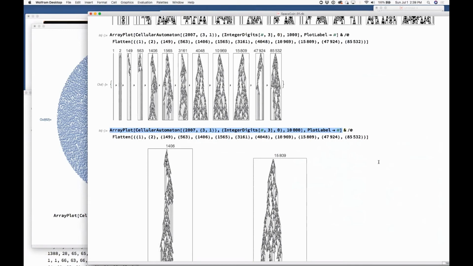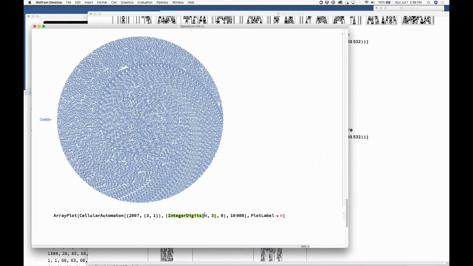I went for 15,000 steps. But 15809 goes for a lot of steps, so we can use that one. 2007. What? 2007. Yeah, but which initial condition? Integer digits 1406. Was that really long? That was up to 15,000. Okay, 1406.